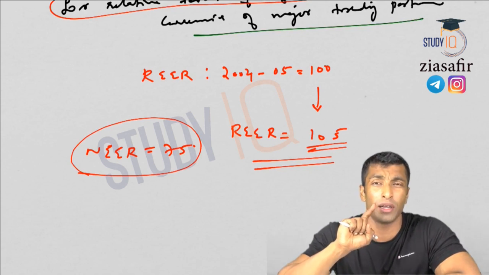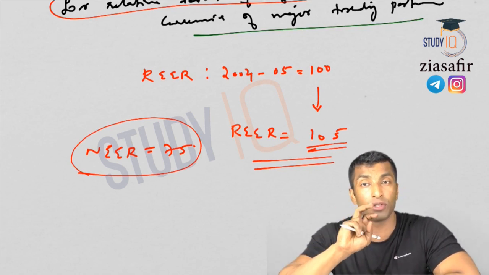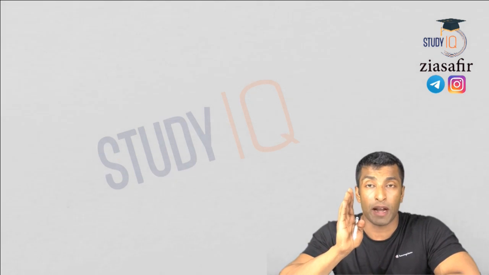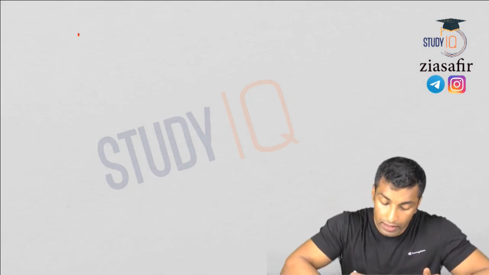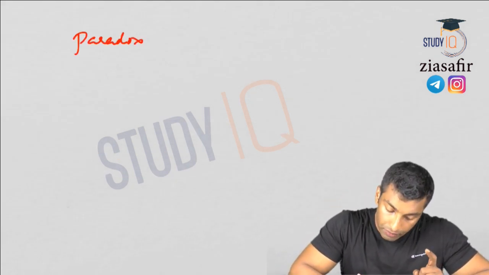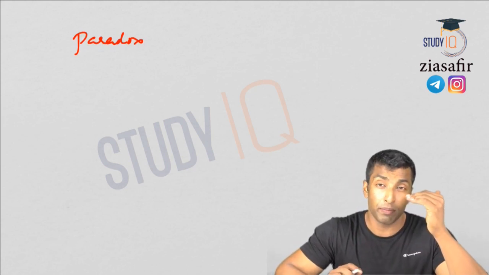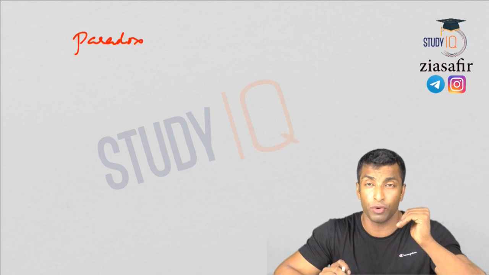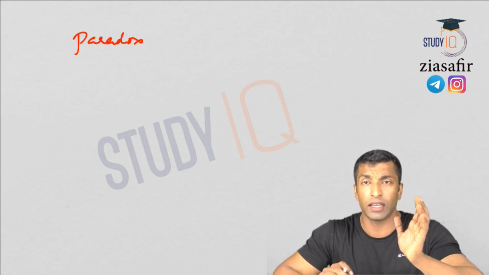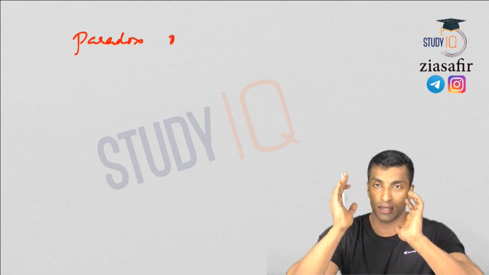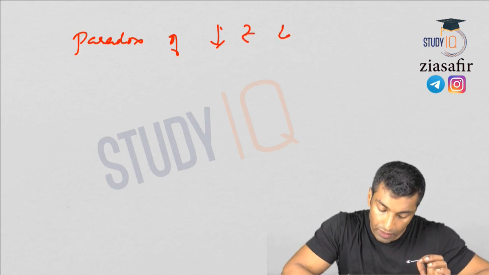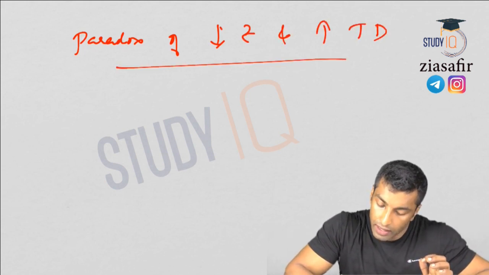Now if you remember, in the previous session I have discussed three paradoxes. The first one is more important in that. The paradox of depreciation of rupee. The depreciation of rupee is on one side, and increasing trade deficit. Okay, so the paradox of depreciation of rupee and increase in trade deficit.